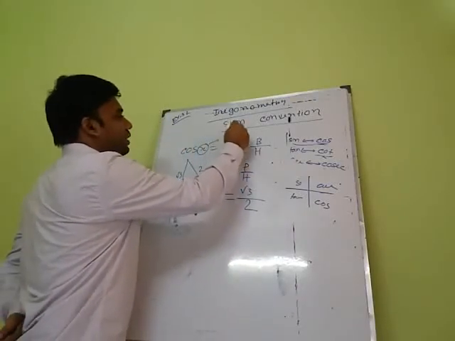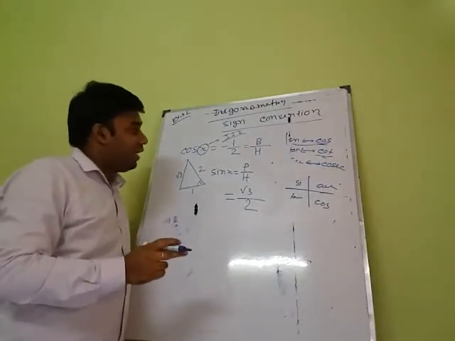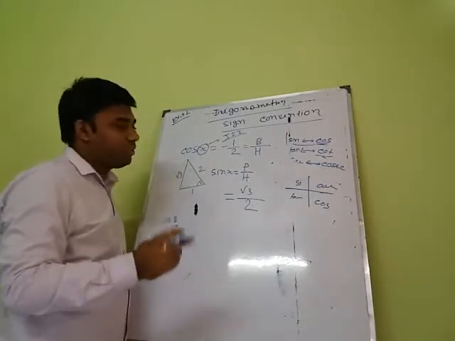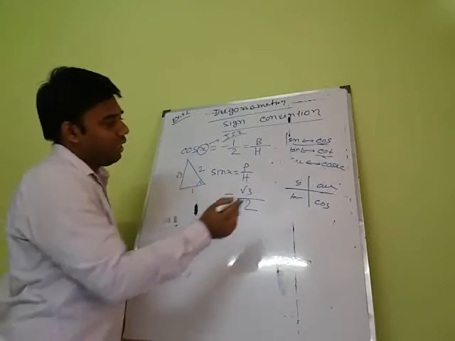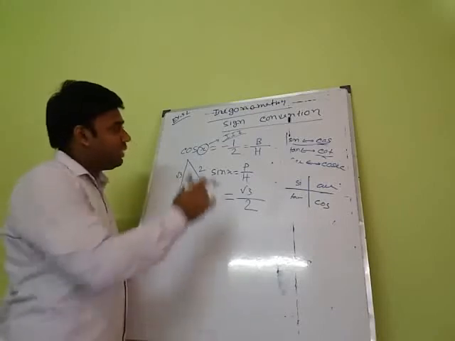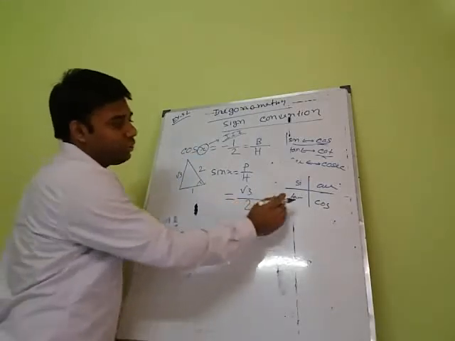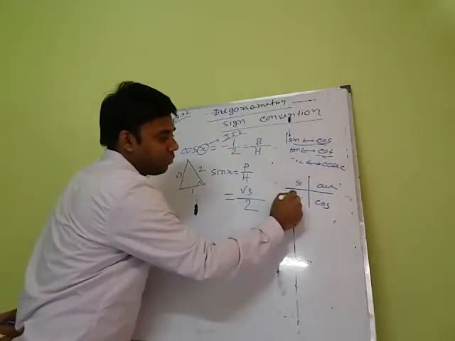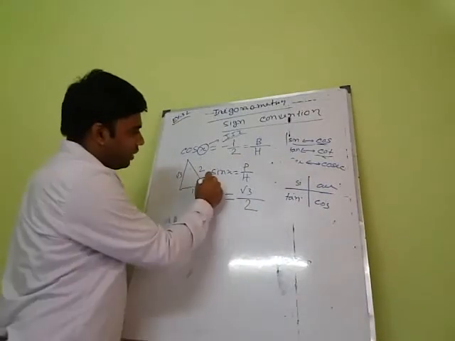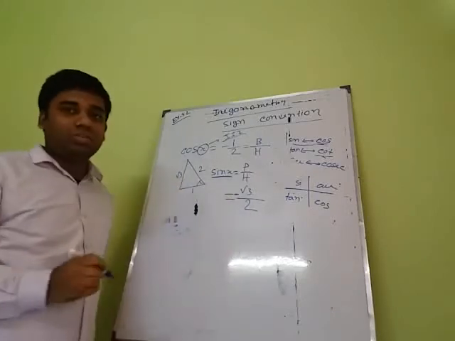That means the value of x is between 180 and 270 degrees. In the third quadrant, which is positive? Tan. Here we have sin, so that is negative: minus root 3 by 2.